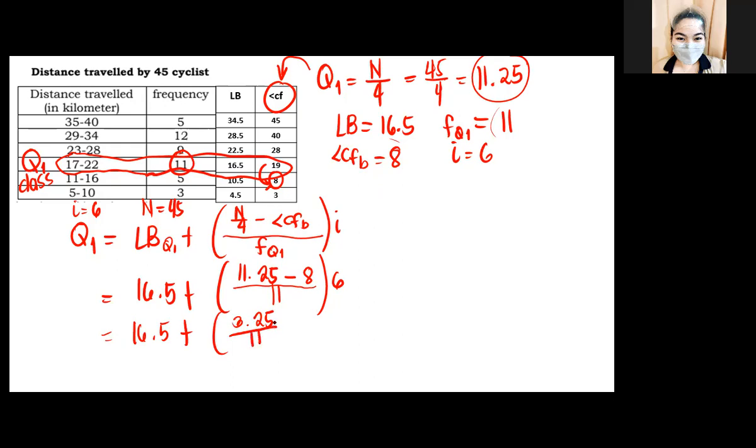Saka mo siya ngayon i-divide sa 11, tapos i-multiply sa 6. Sige nga, what will be the answer? What is 3.25 divided by 11 times 6?